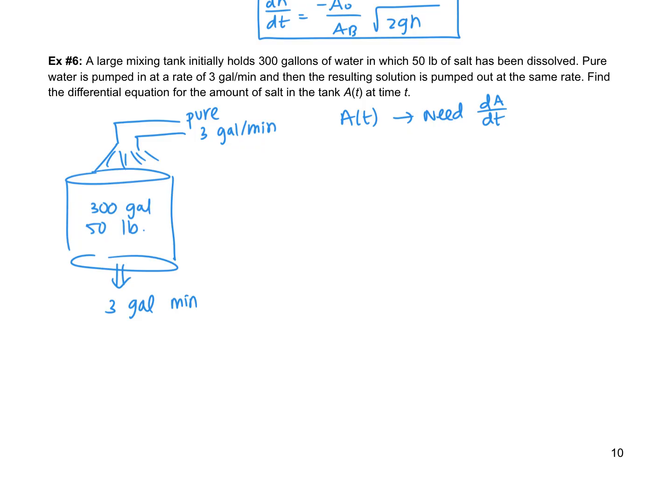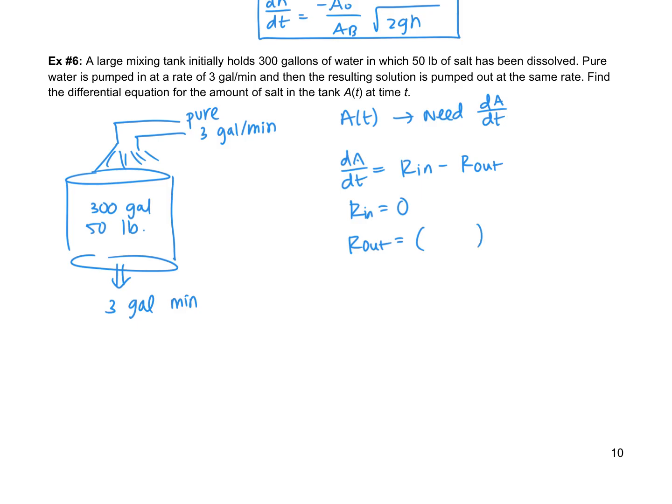Okay, so if we want to know dA/dt, we want to know the rate at which the amount of salt is changing. Well, we need to take what's coming in and subtract what's coming out. In terms of the salt that's coming in, there is no salt coming in, right? It's pure water that's going in. So we need to take a look instead at what is going out.